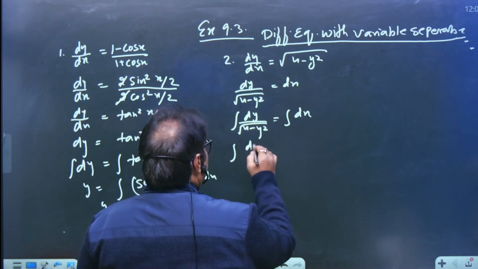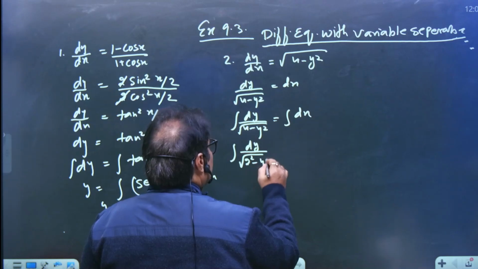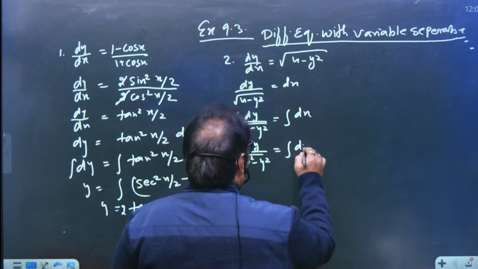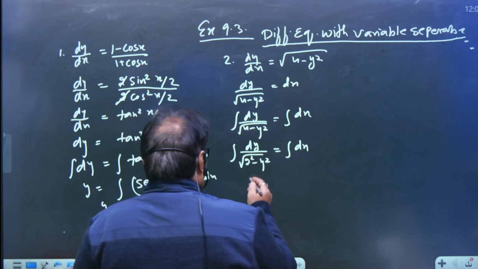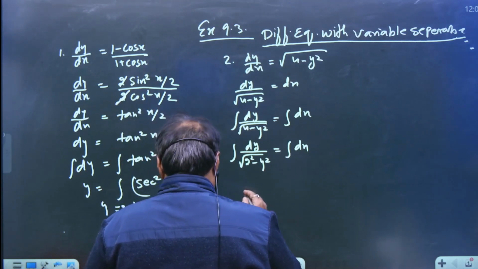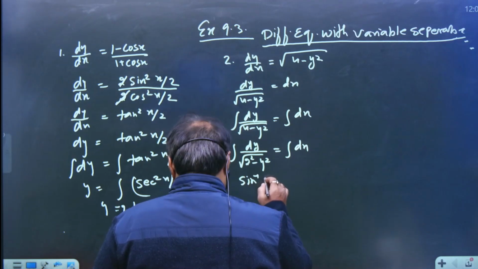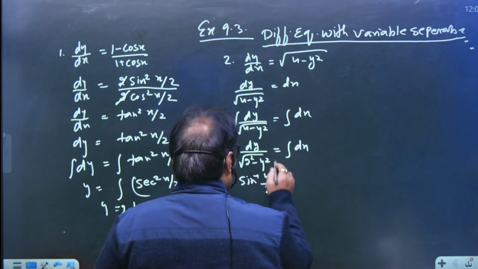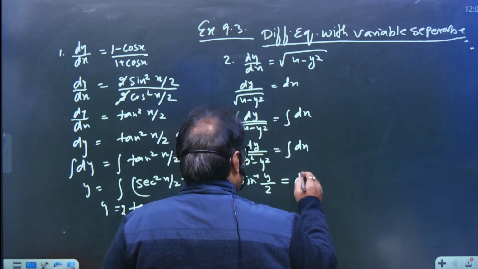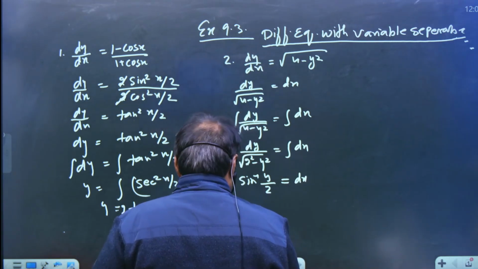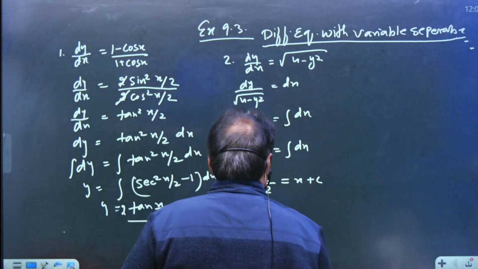So we can write dy upon 2 square minus y square is equals to integration of dx and the integration of this is sine inverse y by 2 is equals to the integration of 1 dx, that is equals to x, plus c.